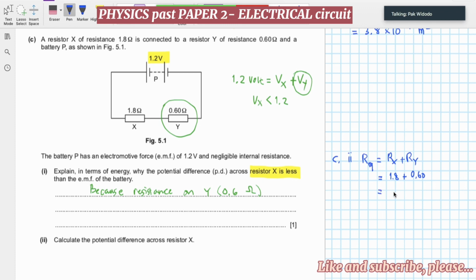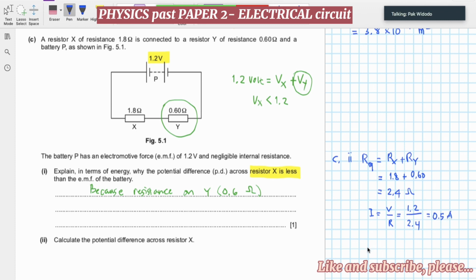So this is the same thing as 2.4 ohm. Then the current in this circuit equals V divided by R, where V is 1.2 and R equivalent is 2.4. This is a half, 0.5 ampere.